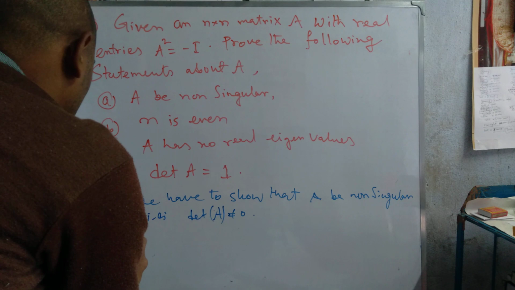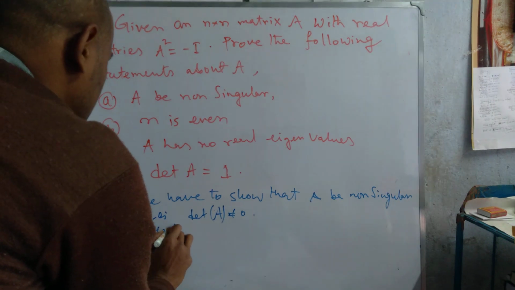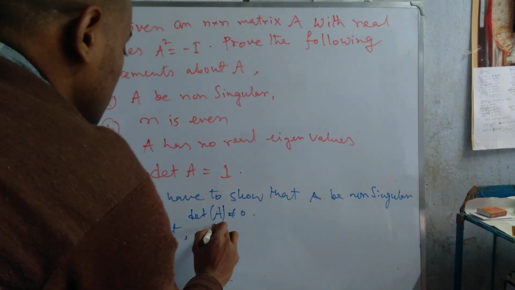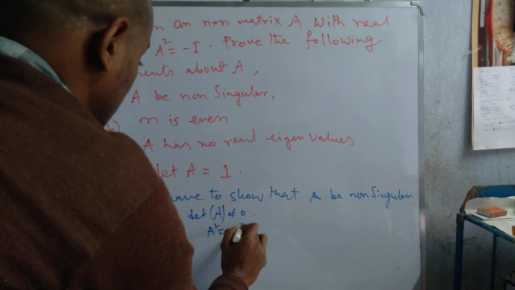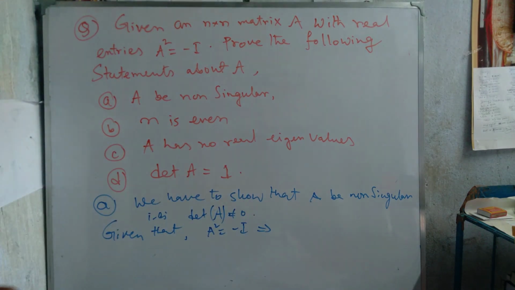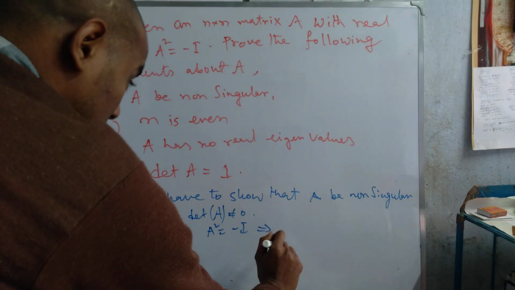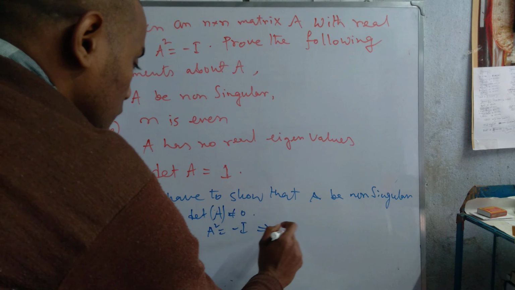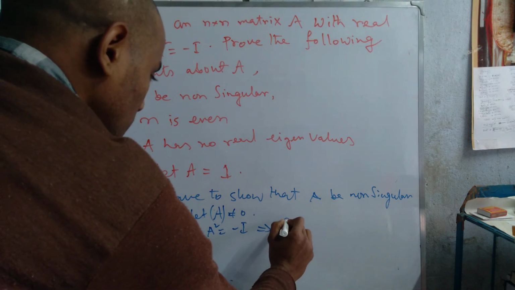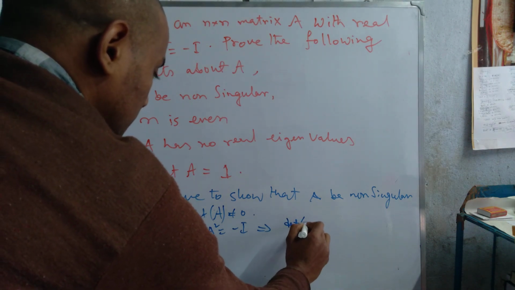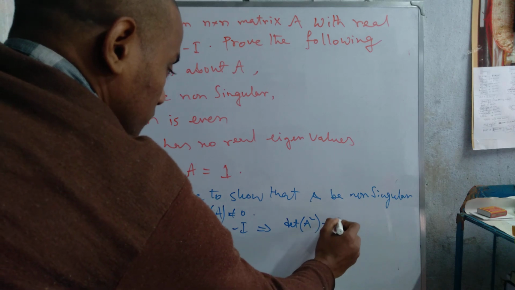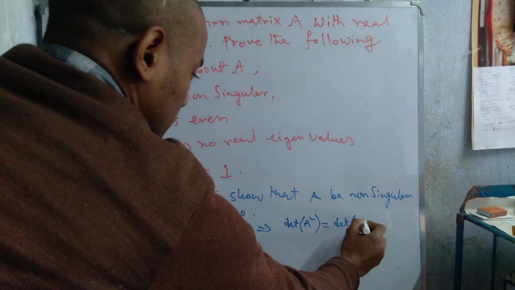Now we see what is given here: A square equal to minus I. This implies that we take the determinant of A square equal to the determinant of minus I.